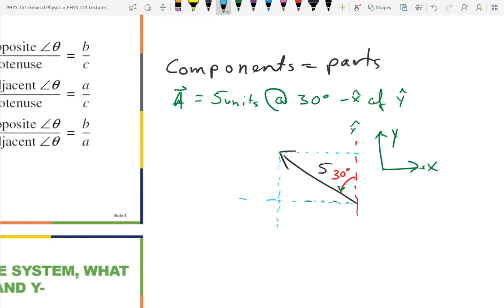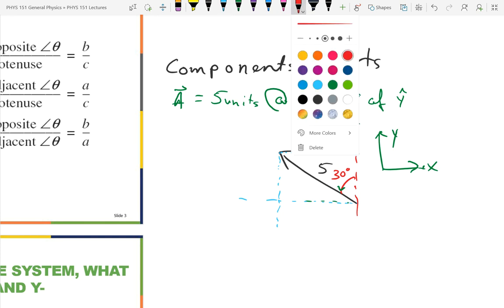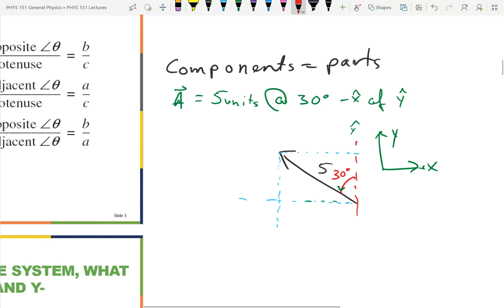And so I can look at this picture and say, well, clearly, I have to add this vector component and this vector component, and then those will add to my total black colored vector.